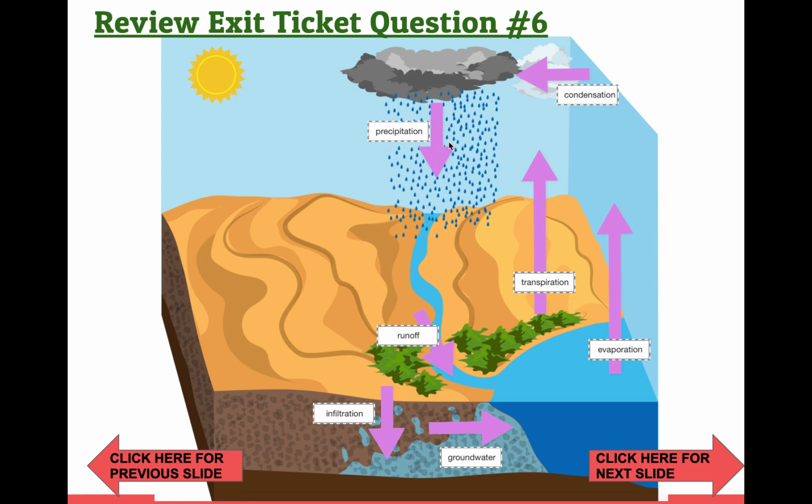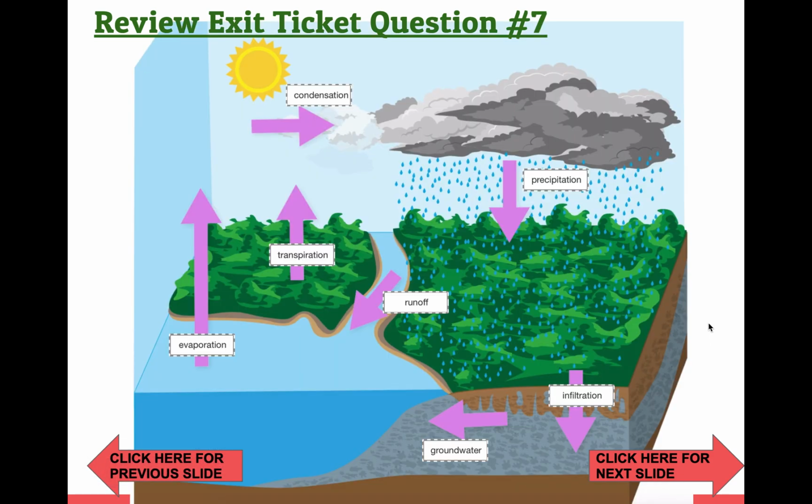Precipitation, water falling down from the clouds. Runoff is the water falling down the hills and going to the ocean. Infiltration is water sinking into the soil. Groundwater is water that's underground. Evaporation is water that becomes water vapor and rises up. Transpiration is water that evaporates off of the plants and rises up.